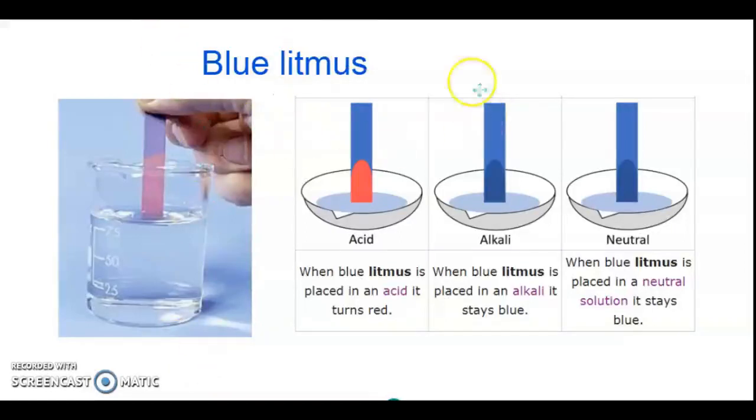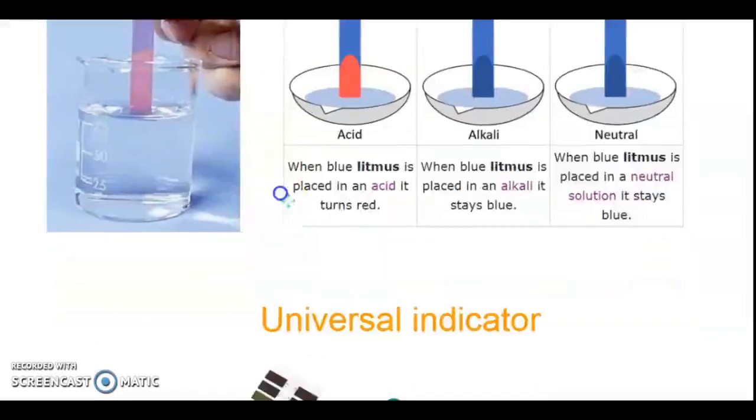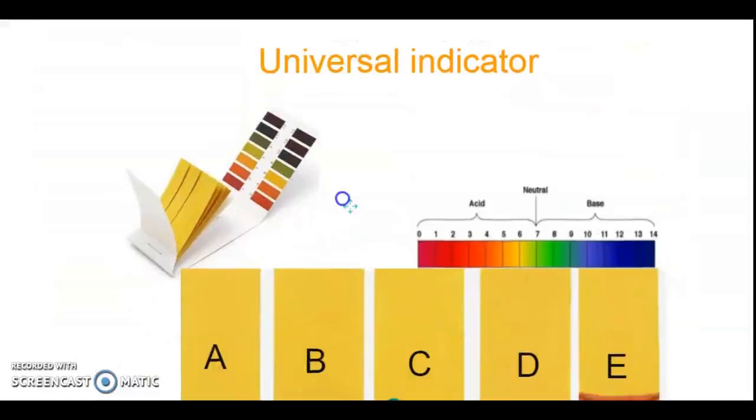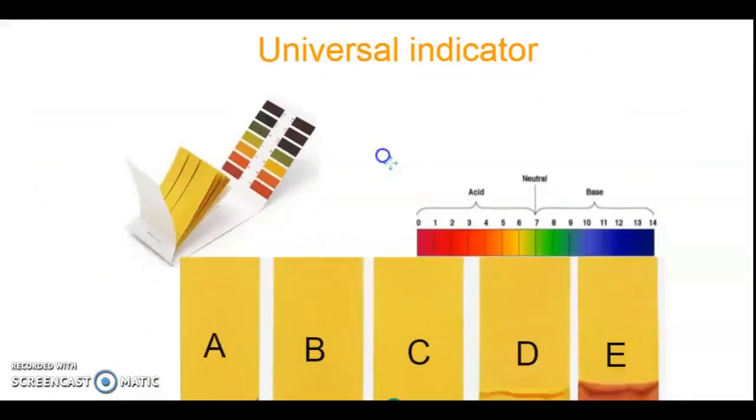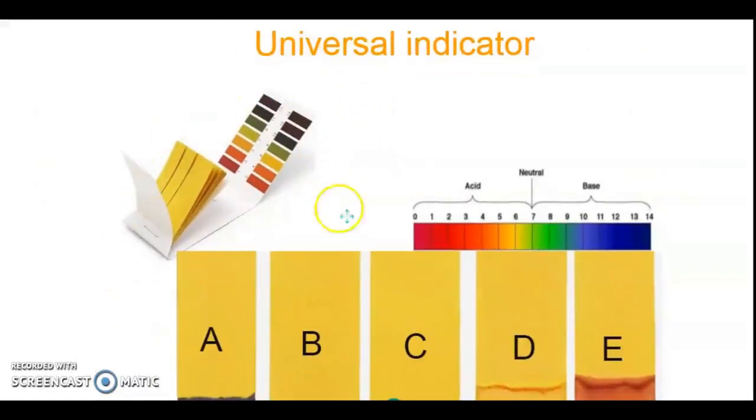Now, these litmus papers only tell you whether a given solution is acidic or basic. It doesn't tell you the pH value. Is there anything that will tell you the pH value? Yes, there is something known as universal indicator which will tell you the pH value of a given solution.